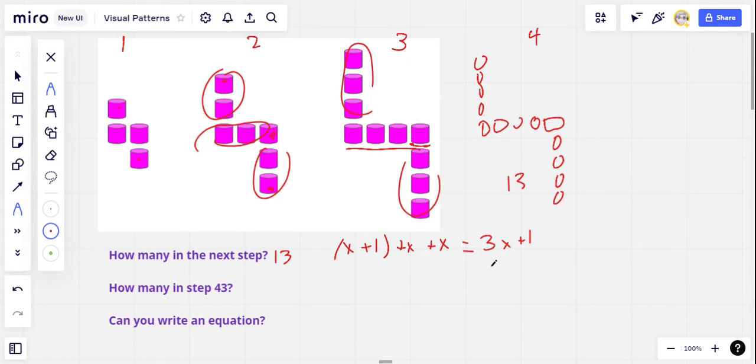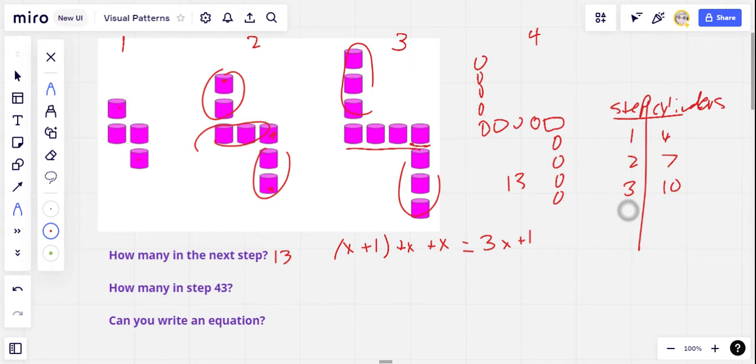I think to verify my thoughts about this equation, I want to just look at the numbers more closely and make sure we're doing everything right. So I'm going to put the step number here, and we're going to put the cylinders here. So in step 1, there are 4. In step 2, there are 7. In step 3, there are 10.